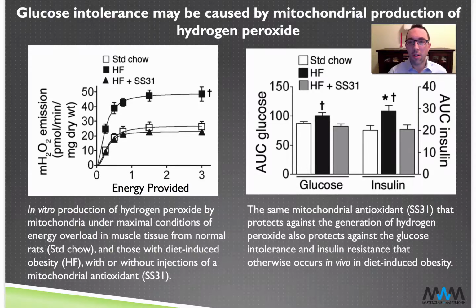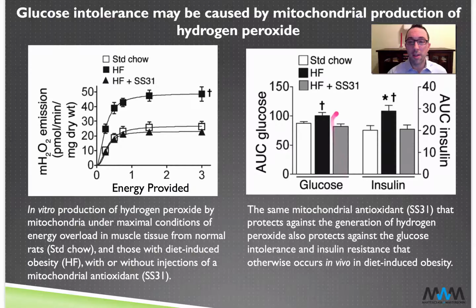And what you see on the screen is the area under the curve for glucose in the left panel and for insulin on the right panel. The area under the curve literally means if you plotted glucose and you would see it go up and then come back down, the area under that represents the total increase in blood glucose. So this is just a way of summarizing the data. And what you can see is that the white bars represent the control animals, the black bars represent the animals that got the obesogenic diet with no antioxidant, and the gray bars represent the animals that got the obesogenic diet plus the antioxidant.